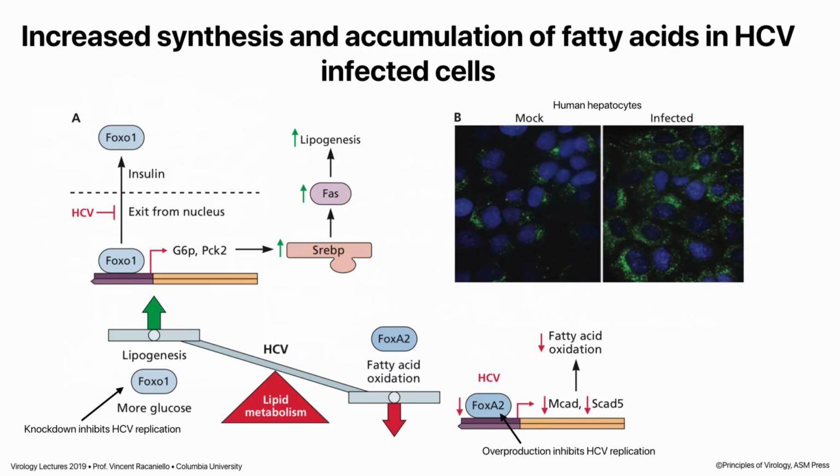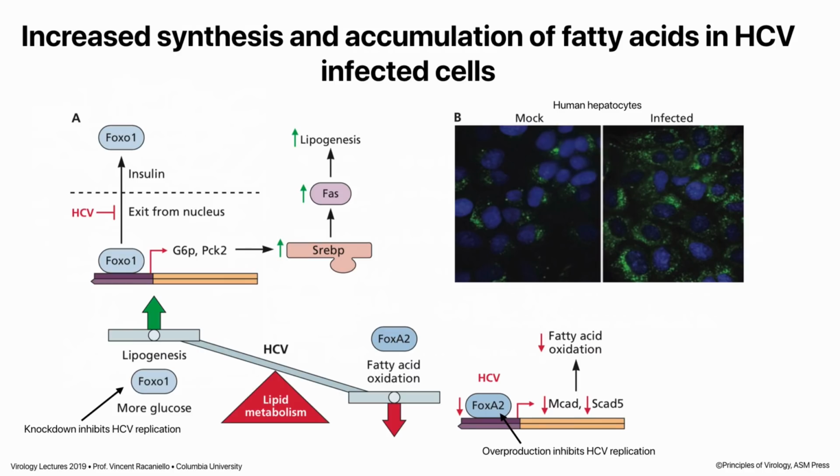It wants the lipids to be made and accumulate for its production. And we know this because if you overproduce FOXA2, you inhibit virus replication because it pushes the balance towards oxidation. And if you knock down FOXO1, you also inhibit replication because you cannot make the lipids that are needed.